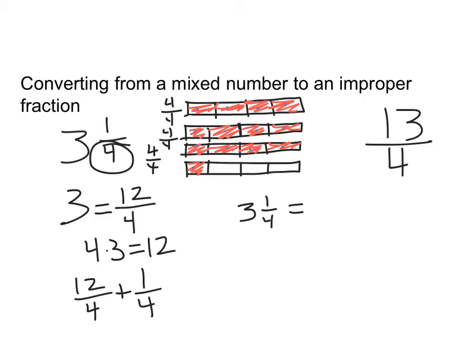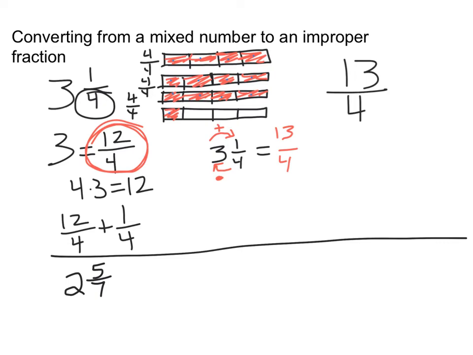Some people like to show this by doing that 4 times 3 multiplication and then adding on that extra top piece: 4 times 3 is 12, plus 1 is 13 fourths. I find it easier to think about what's actually happening here, but if you like that method, you should use it.